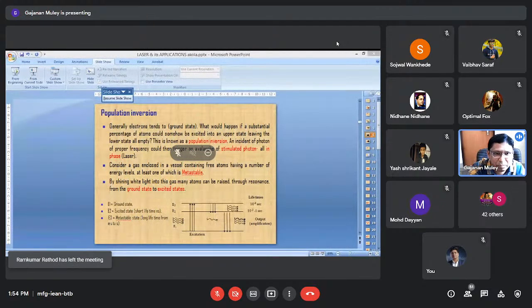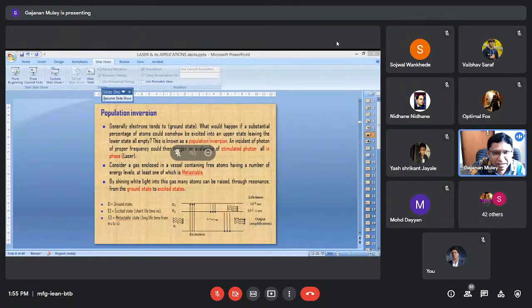Electrical pumping is suitable for gas lasers because gas has a very narrow absorption band. And another one is chemical reaction. These are the pumping mechanisms.